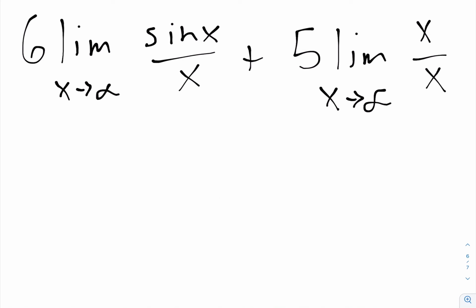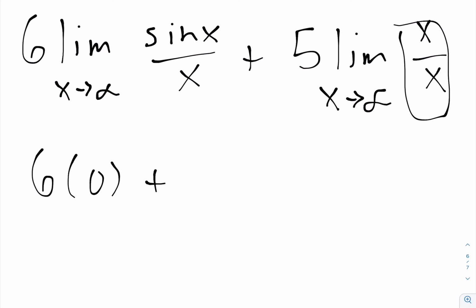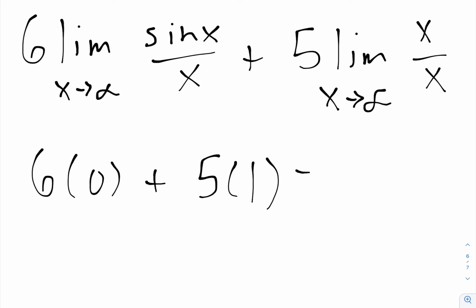So all this is 6 times 0, because the limit as x got closer and closer to infinity of sine x over x was 0. Plus x over x is just 1. So we can simplify that to 5 times 1. So that limit there is going to be 5.